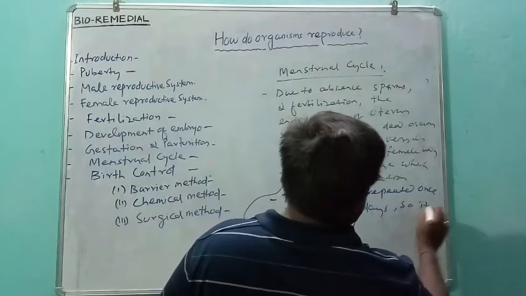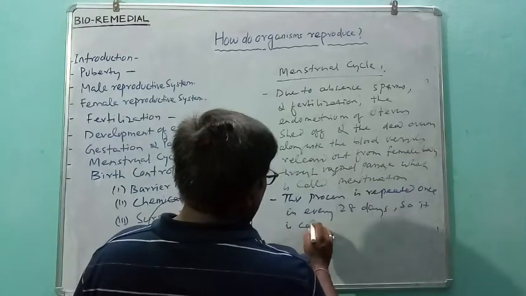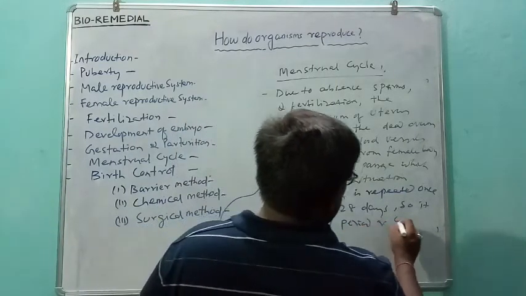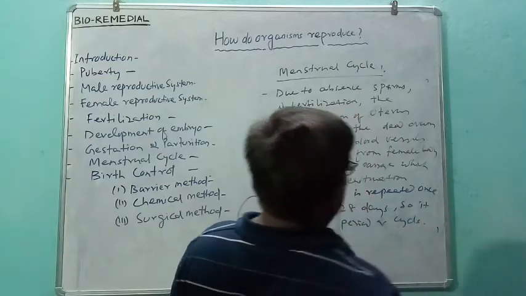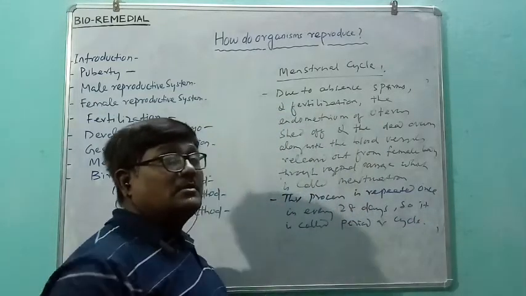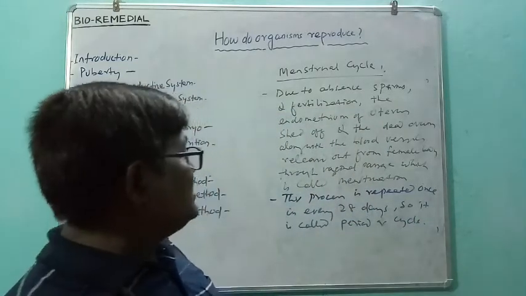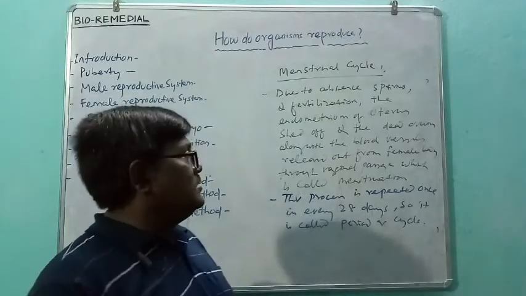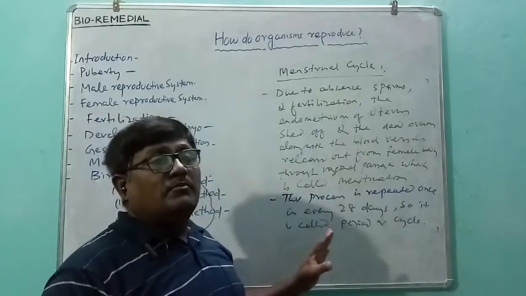So it is called a period or cycle. You can say menstrual cycle, menstrual period. The common word is menstruation. So this is the way menstruation occurs.